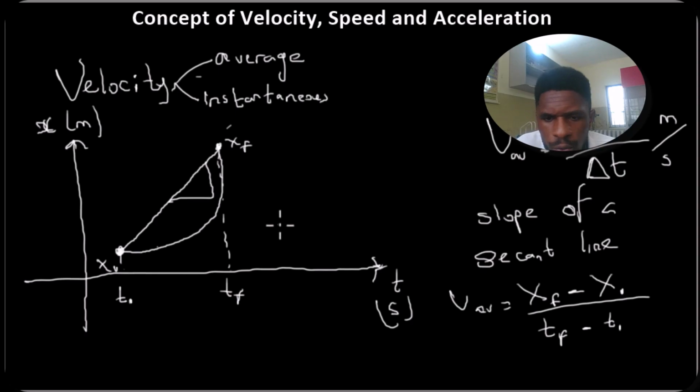Now, what if I want to know the velocity at this particular point, this point here? Now, you can say that I'm not using the word average. Let's try to think of this like an exam in which 10 people write, let's say in mathematics.